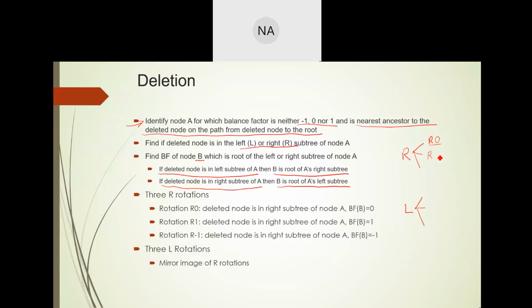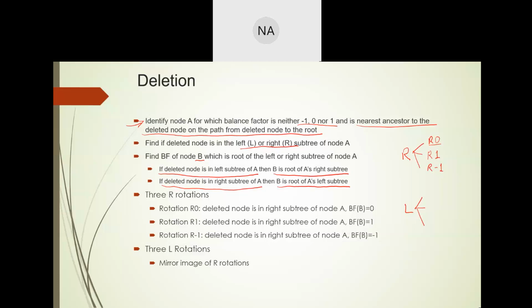R1 is when the balance factor of node B is 1, and R-1 is when the balance factor of node B is -1. Note that the balance factor of node A is imbalanced, not equal to 0, 1, or -1. But the balance factor of node B, which is the root of either the left or the right subtree of node A, will be balanced.